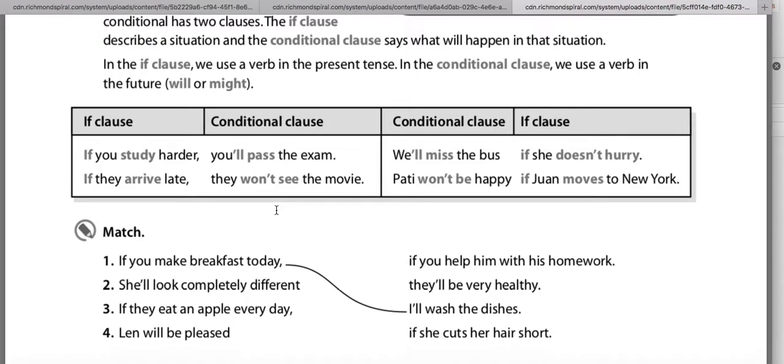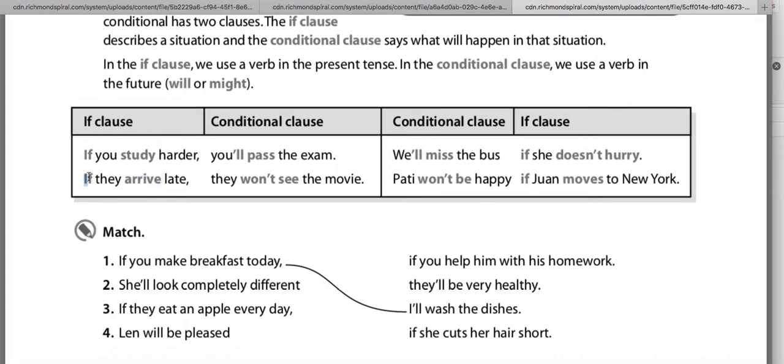Okay, so let's start with the table, and we have the if clauses and the conditional clauses, and we have, if you study harder, you will pass the exam. Okay, we are using if, and the conditional clause, it's you'll pass the exam if you study harder. The other example is if they arrive late. Don't forget that when we use the if clause, we write the verb in present tense.